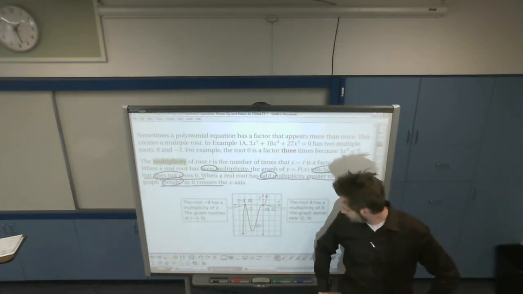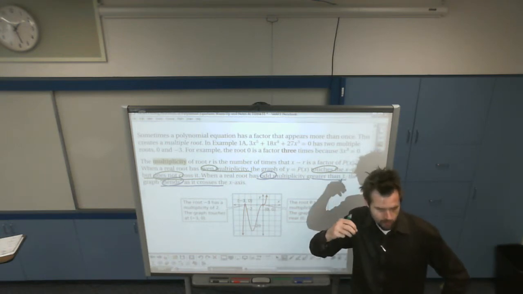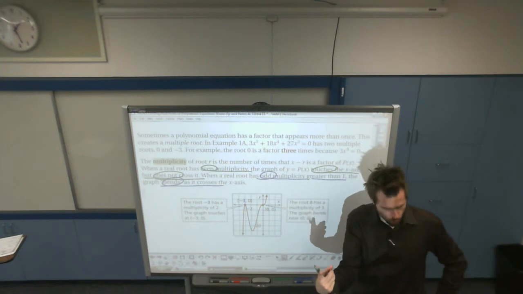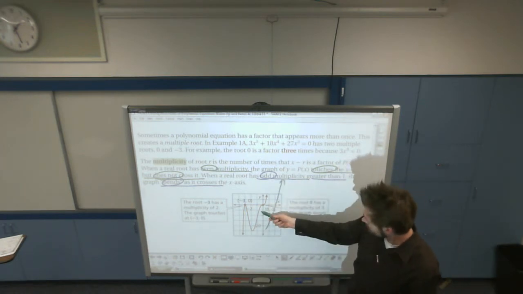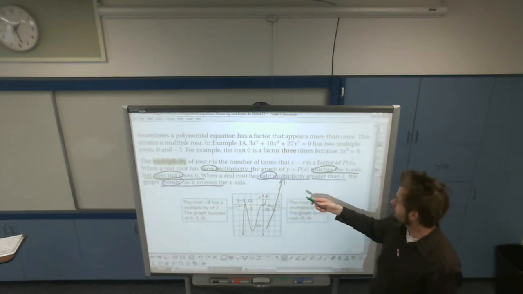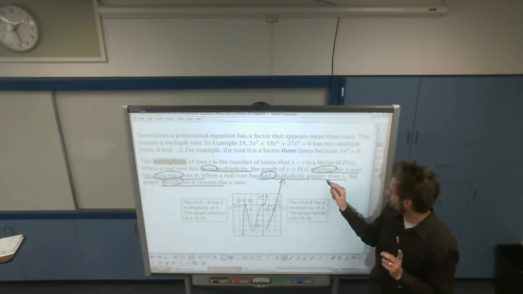Why would they have to say that? Because normally what happens is you have a root that just occurs 1 time. And we know what happens when a root occurs 1 time. It just goes straight through. It doesn't do this weird bend thing. Well, 1 is an odd number, and they're just saying, hey, we're not talking about that.